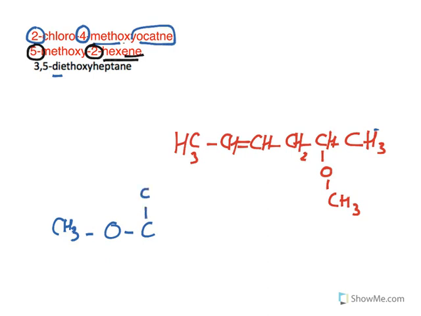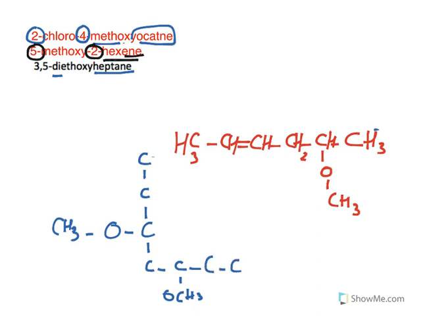Of course, before that third carbon, there was the second and the first carbon, and then the fourth carbon, fifth carbon. On this fifth carbon, we had the other group, and the chain continues to 7 carbons. So 1, 2, 3, 4, 5, 6, and 7.